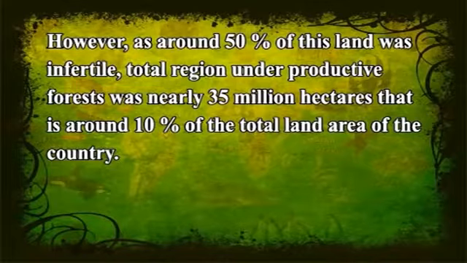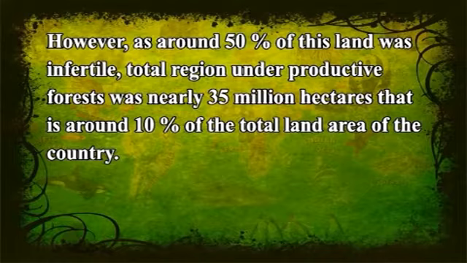During the early 1990s, about 17% of the country was occupied with forest resources. However, as around 50% of this land was infertile, the total region under productive forest was nearly 35 million hectares, that is, around just 10% of the total land area of the country.